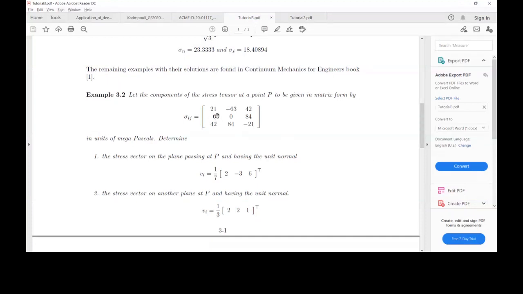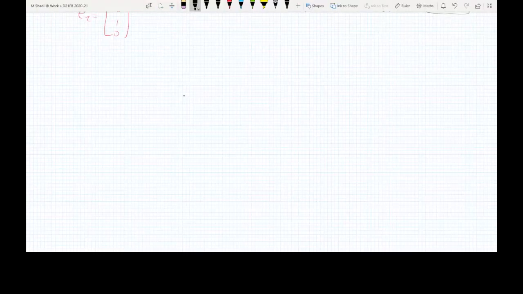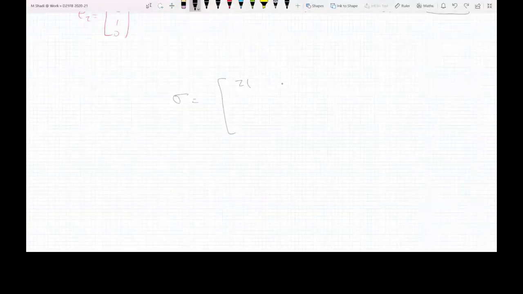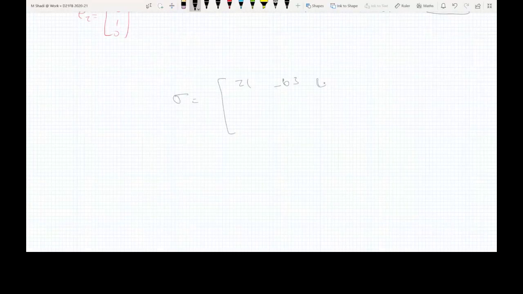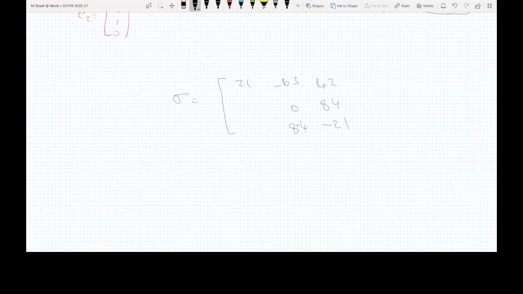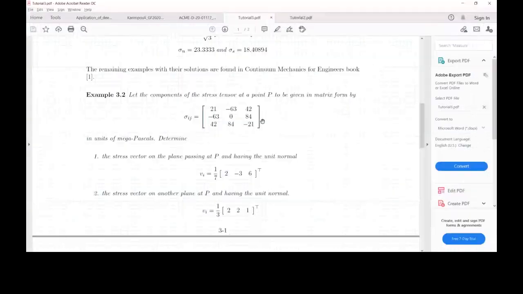You have the stress tensor, sigma, 21, 63, 42, 63, 0, 84, and 42, 84, minus 21.